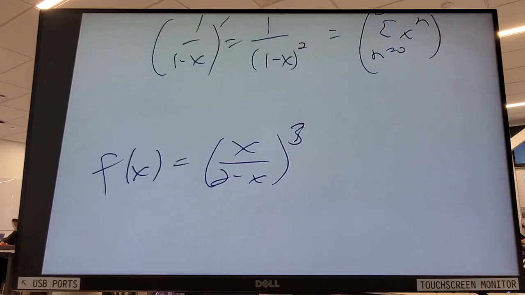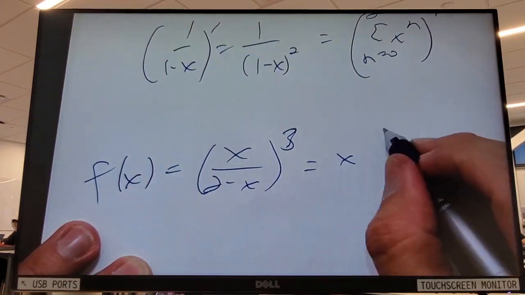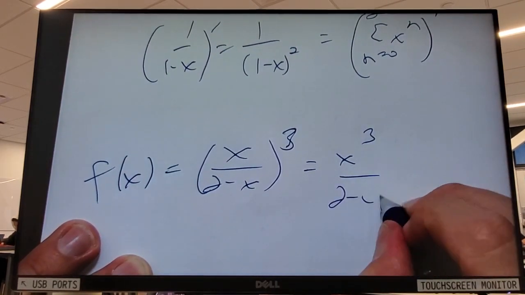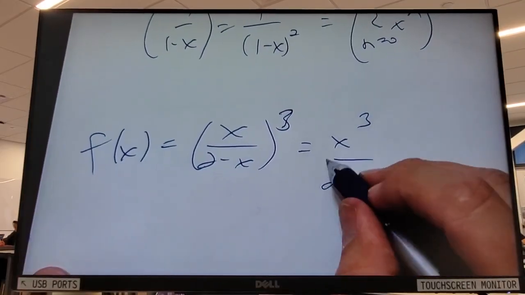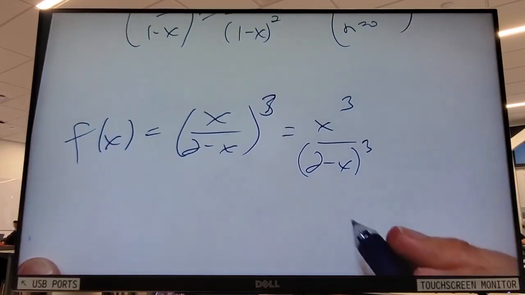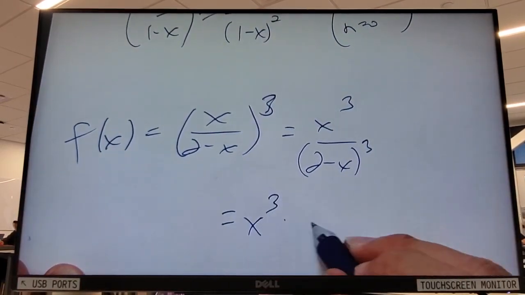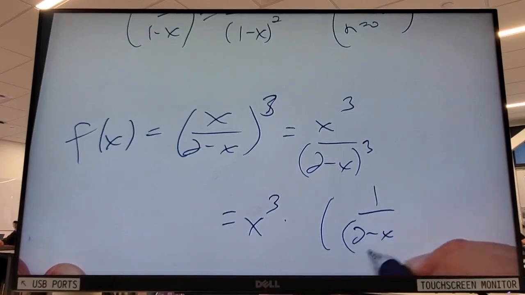Second. So one more power is cubed. Does that make sense? The top is what though? X. Good. So I would highly recommend you do this. What you can do, you ready? Get that in there. This is x cubed times 1/2 minus x cubed.